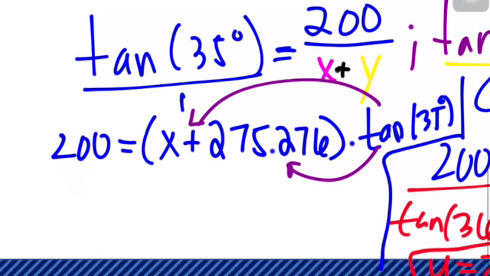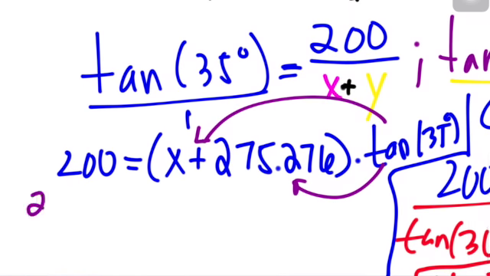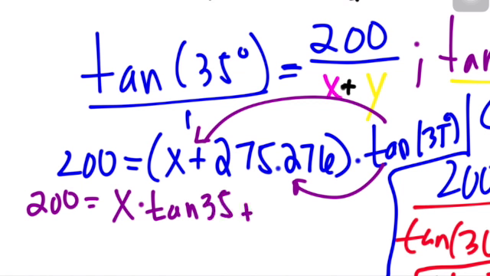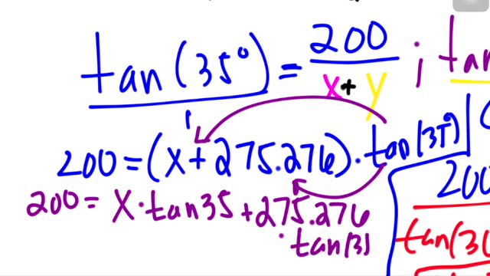So then this is going to end up giving me 200 equals x times the tangent of 35 plus 275.276 times the tangent of 35.